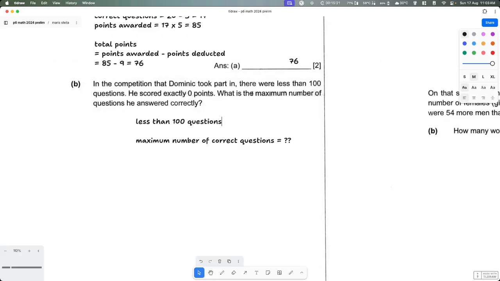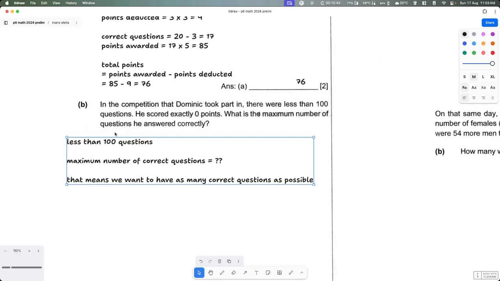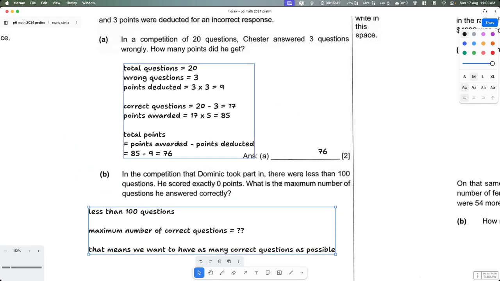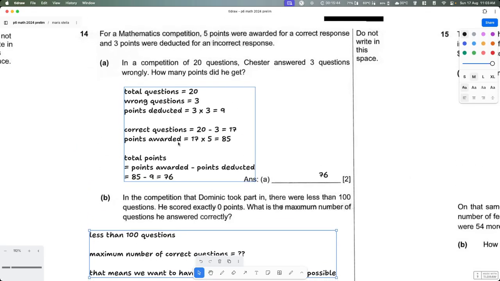Okay, so that means we want to have as many correct questions as possible. All right, so that means it's just a grouping concept over here. So one correct is 5.